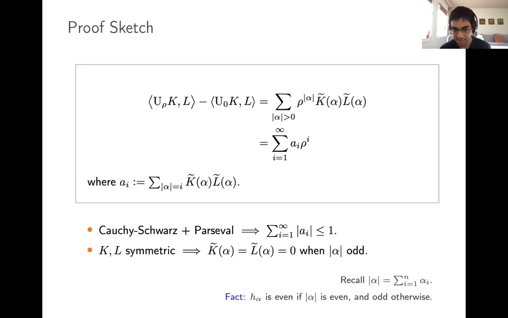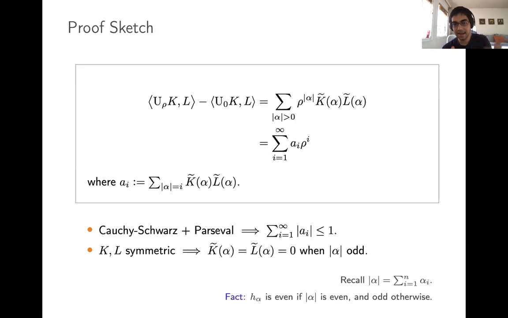And it follows that the Hermite coefficients of K and L of odd degree are going to be 0. And this is because the multivariate Hermite polynomial H_alpha is even if the degree of alpha is even, and it's odd if the degree of alpha is odd.